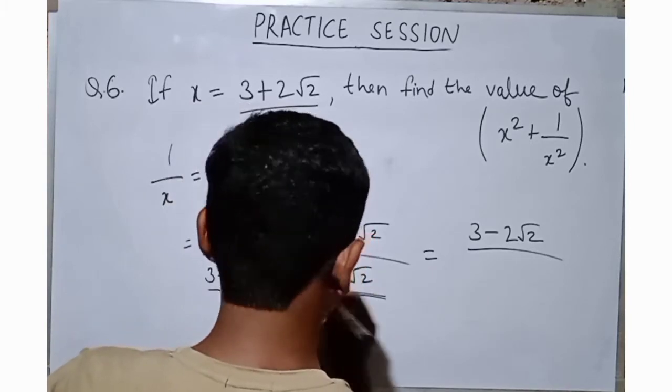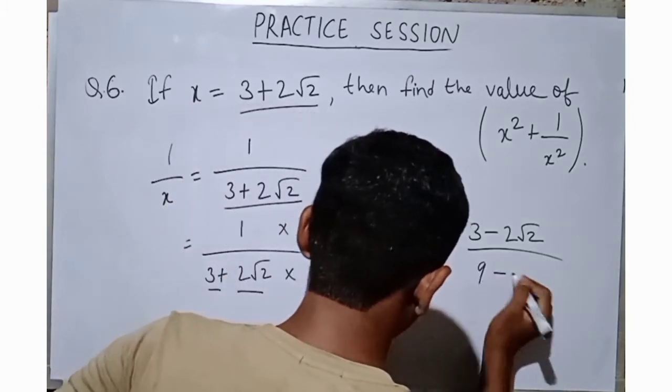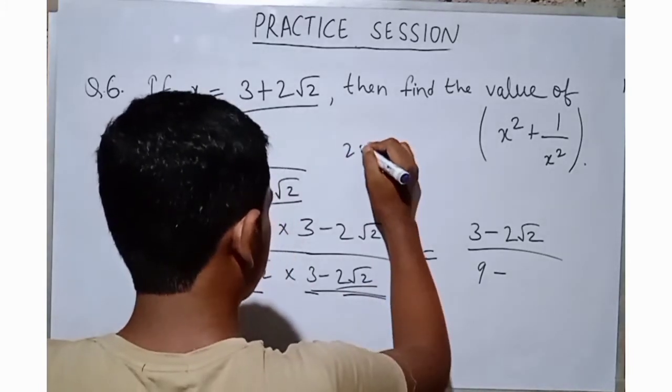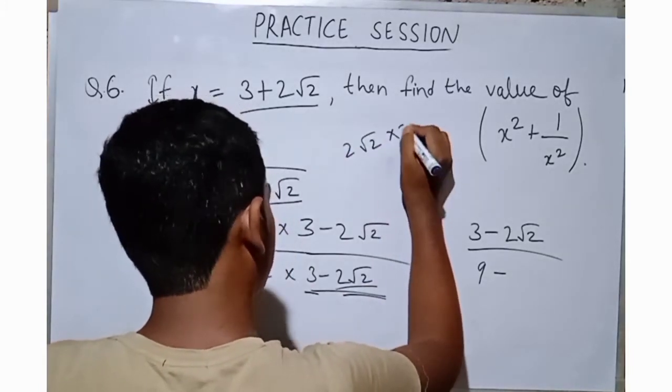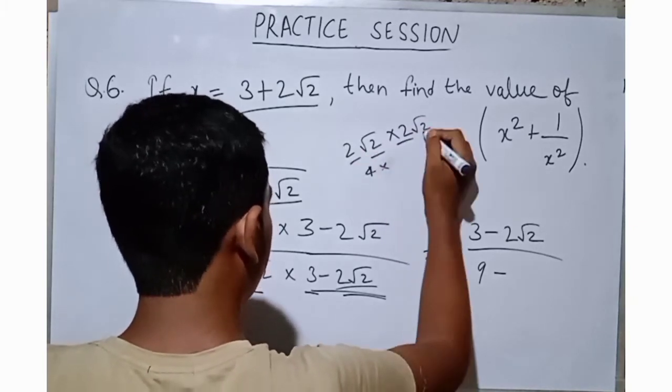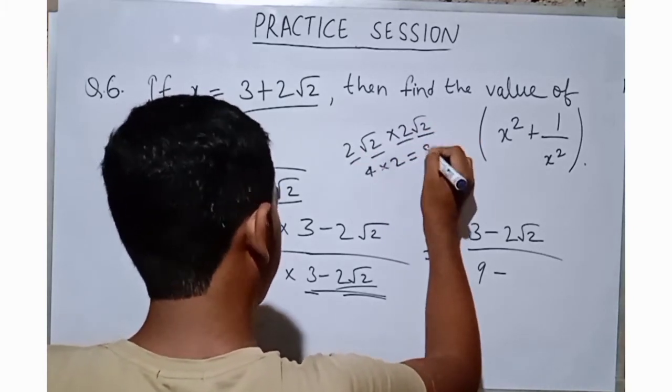So a square will be 3 square, which is 9, minus b square. b square means 2 root 2 again 2 root 2. So 2 2s are 4, into root 2 into root 2 will be 2, so it will be 8.